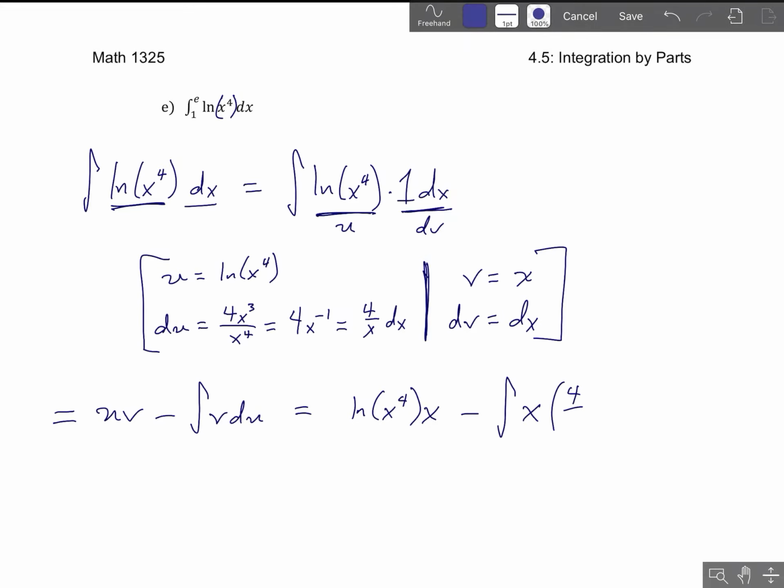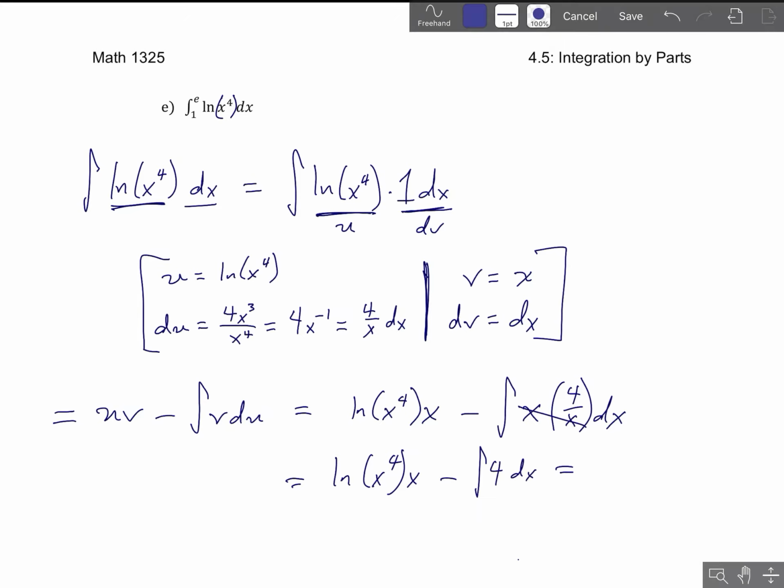So this is v and this is du. And now we can clean this up a little bit and then integrate. So this would be ln x to the fourth times x, minus, here I can cancel these x factors because one of them belongs to the numerator and the other belongs to the denominator.